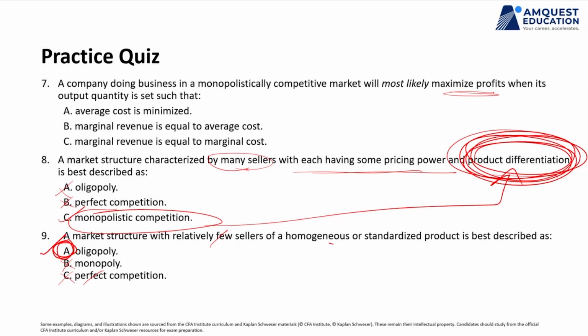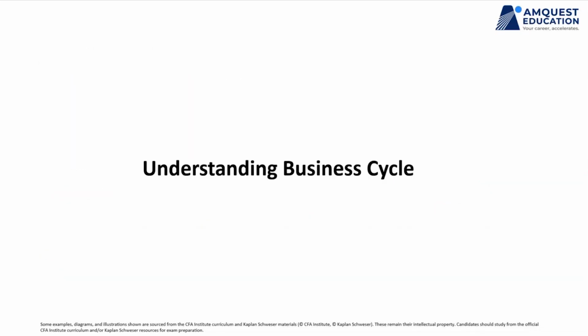Remember, oligopoly is relatively few sellers, and monopolistic competition has many sellers but fewer than perfect competition. So many sellers, perfect competition; relatively few sellers, oligopoly; one seller, monopoly. Because the answer is relatively few, it will be oligopoly. Clear? That is it for this chapter.